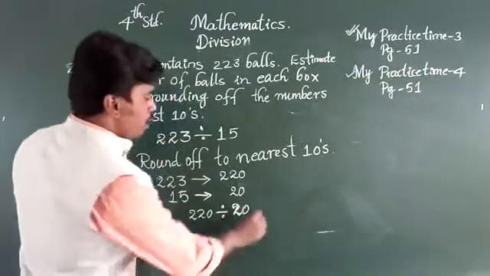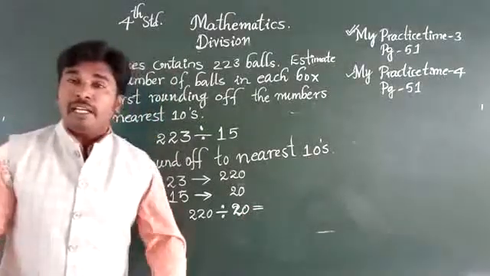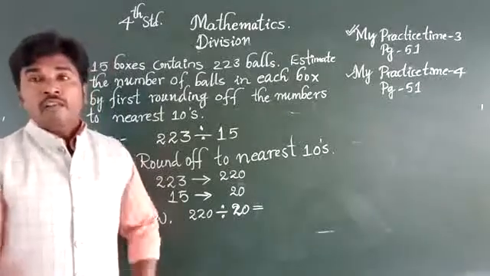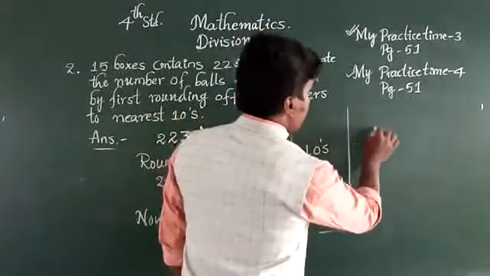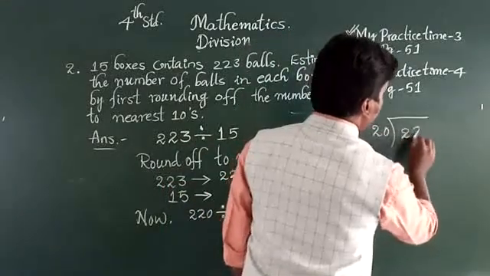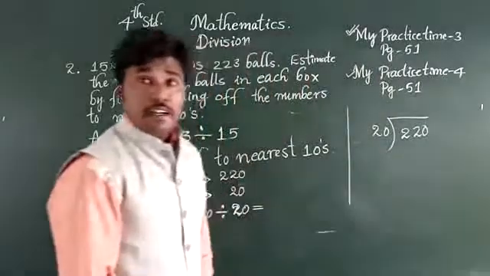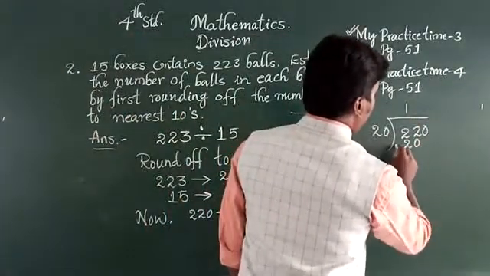220 divided by 20, which is equal to, dear children, you know the multiplication tables of 20. 20 ones 20, or else you can do it like this. 20 is the divisor, 220 is the dividend. So 20 ones 20.